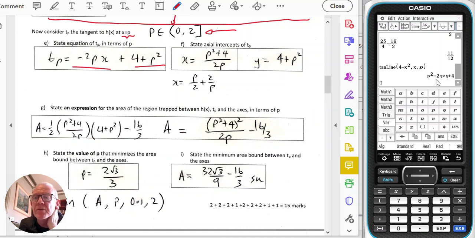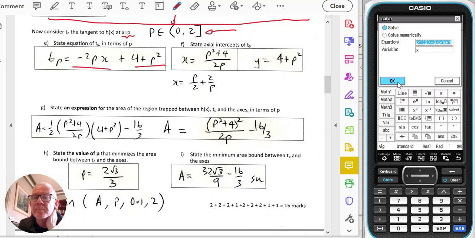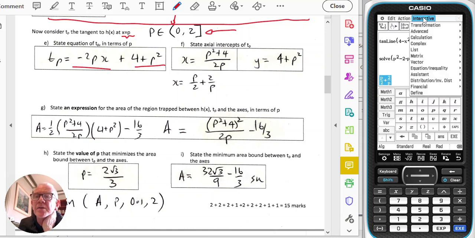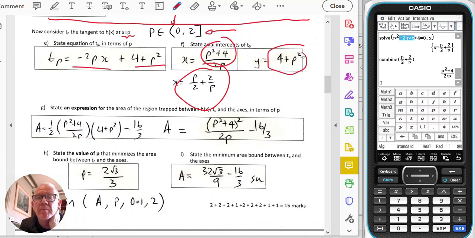And if I was to find the x-intercept, I'll make it equal to 0 and solve for x. So that's that expression. And if I can combine those two together, that gives me that. Or you could write that, either of them is acceptable. And of course, if x is 0, then the y-intercept is 4 plus p squared.